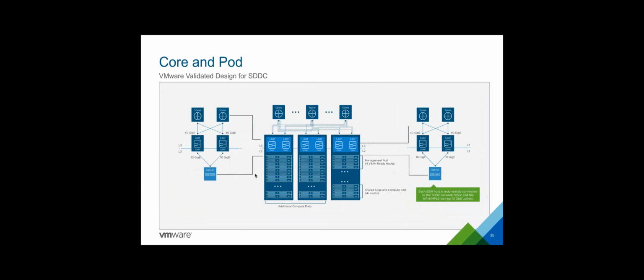The workloads running in those pods are going to traverse a transport zone and hit that initial shared edge and compute pod, so those workloads can then traverse out the network and hit your border gateways for your LAN, WAN, etc. Does that make sense? This is not depicted in this diagram. I should actually have my border gateways here, but I don't have that defined.